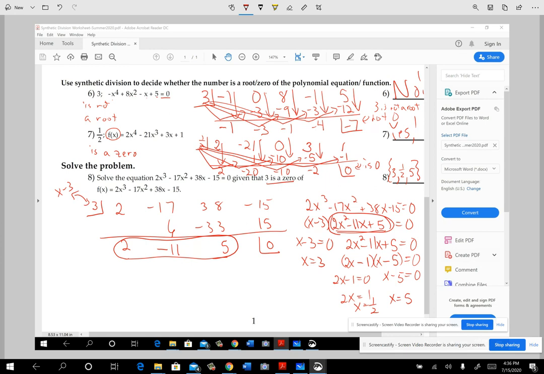Now, typically when I do the problems, I don't necessarily want to have to write that step right there. What I normally do is recognize that this is the A, the B, and the C, and I kind of just set it up right here. I know that that's the other factor I'm trying to solve.